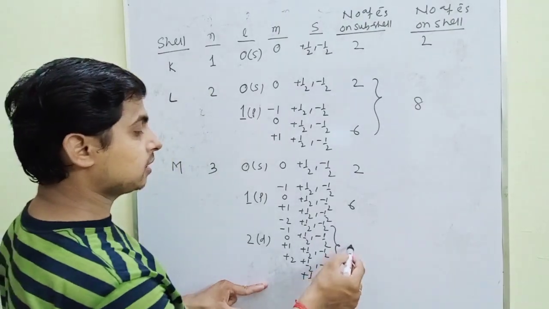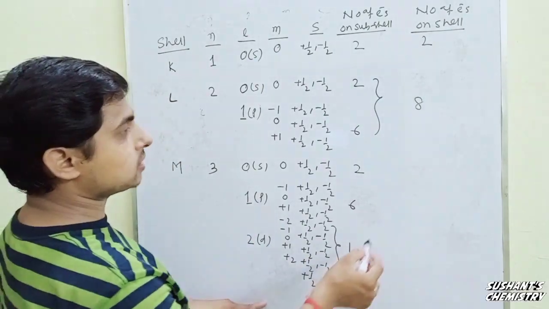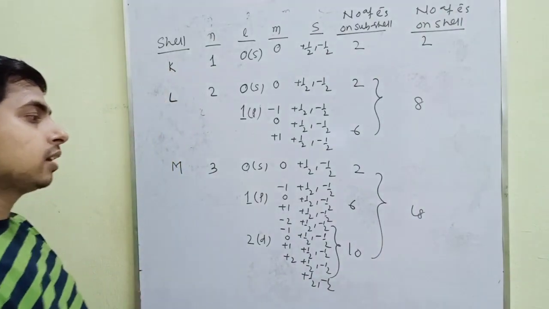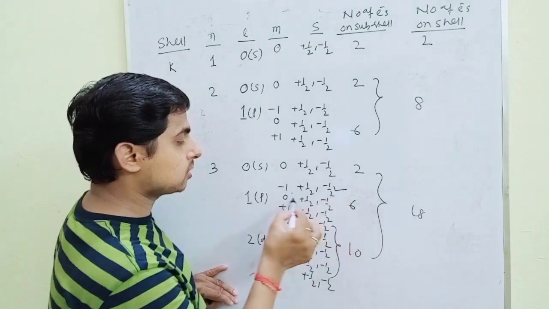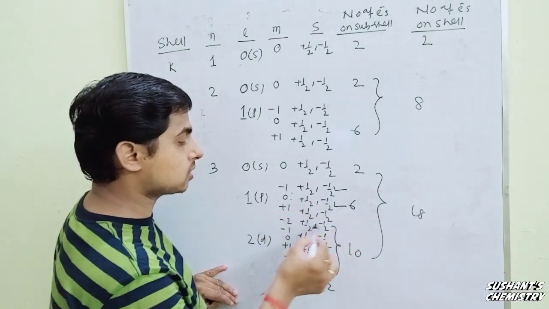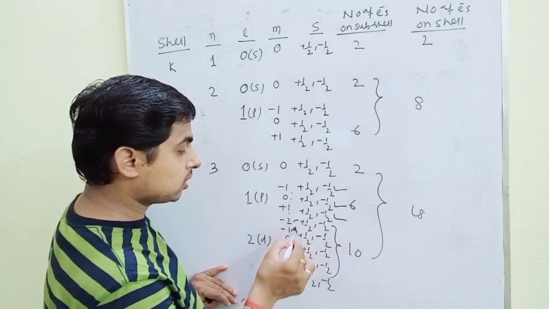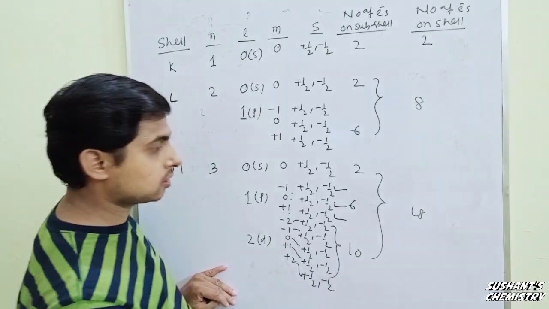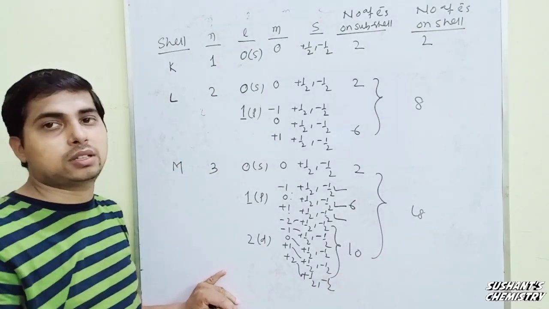For each orbital 2 electrons, we get 18 electrons. That means the M cell contains 18 electrons, right?